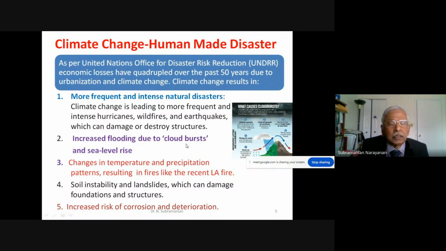Of course, we are seeing even in Chennai, 1 month rain is coming in 1 hour. And there can be changes in temperature and precipitation patterns, resulting in fires like the current LA fire. And it can also lead to soil instability and landslides, which can damage foundations and structures. And also, it can result in increased risk of corrosion and deterioration.